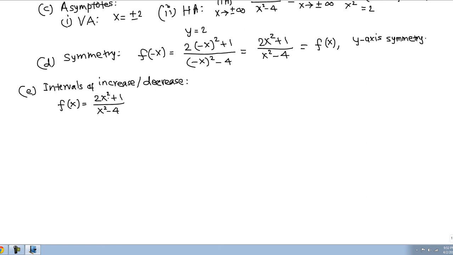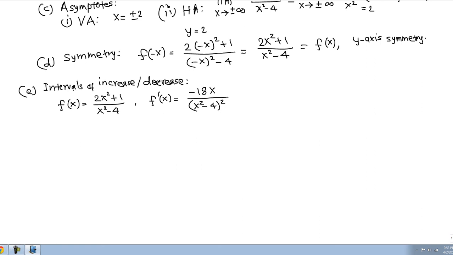So we have a quotient of two functions, so we need to use the quotient rule to find the derivative. Using the quotient rule, you can work on your own. The derivative comes out to be negative 18x on the top over (x squared minus 4) quantity squared. Just find the derivative using the quotient rule.